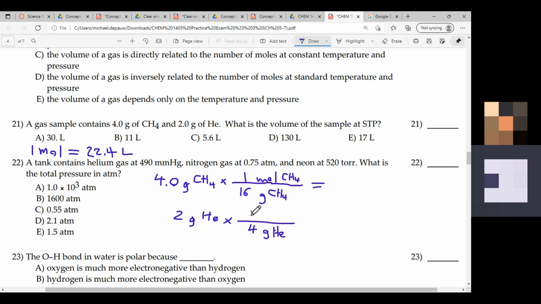So 4 grams is equal to 1 mole of helium. And so this is basically 0.5 moles. 2 divided by 4 is half, 0.5 mole.